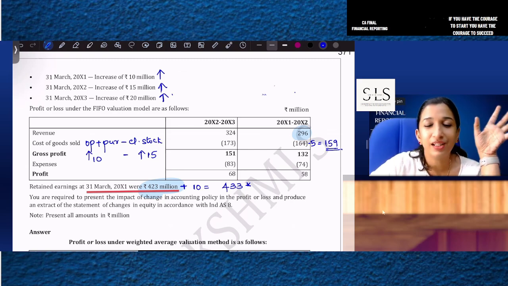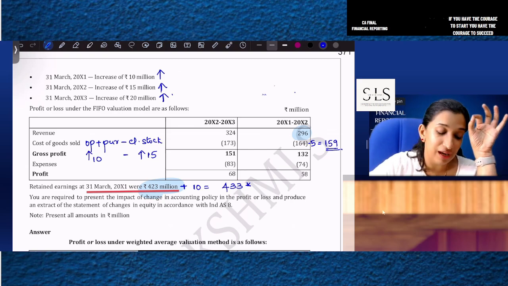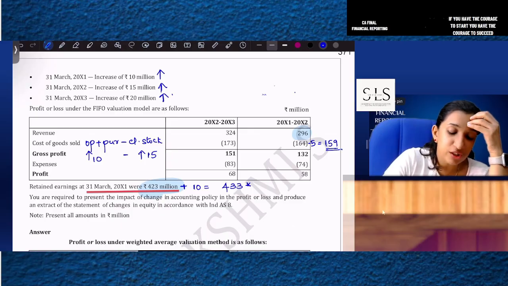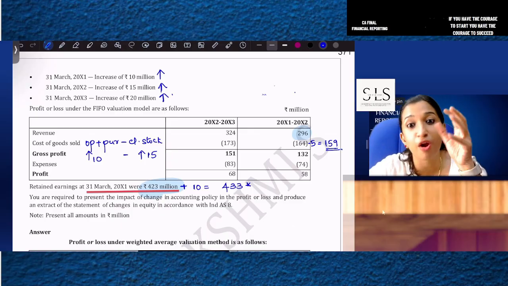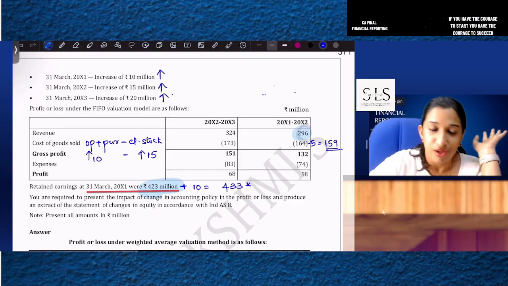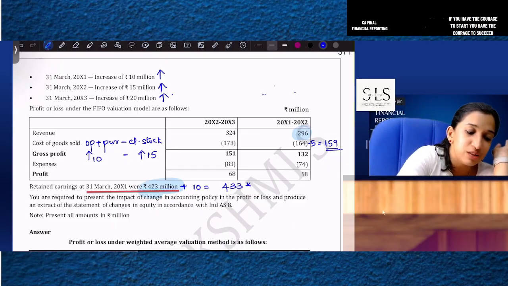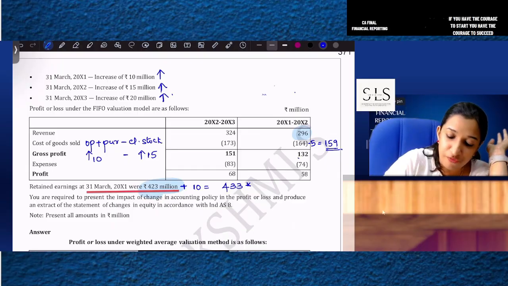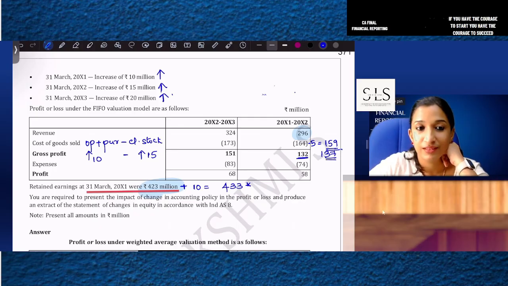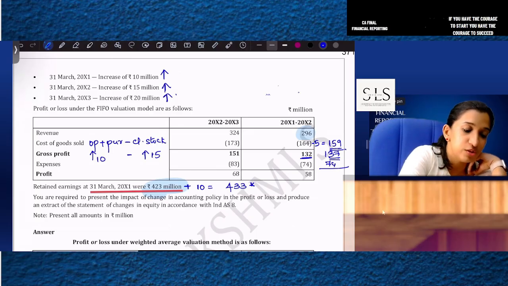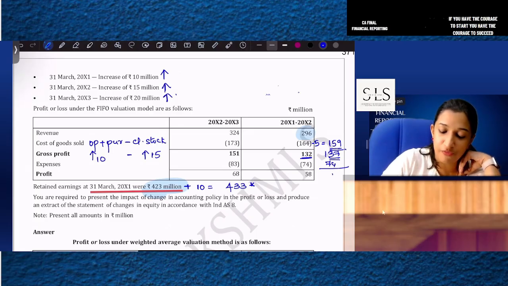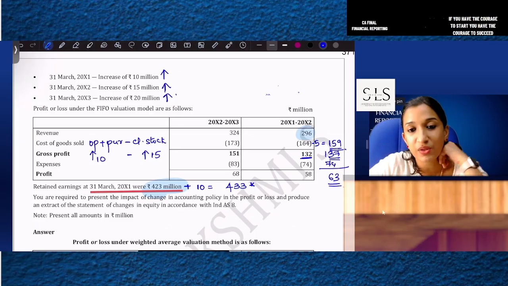As a simple understanding, if closing stock has increased and opening stock has increased, there is a net effect of 5, and profits should increase. So 296 minus 159, profit has increased to 137. Expenses 74, so your net profit has become 63, that is 58 plus 5.